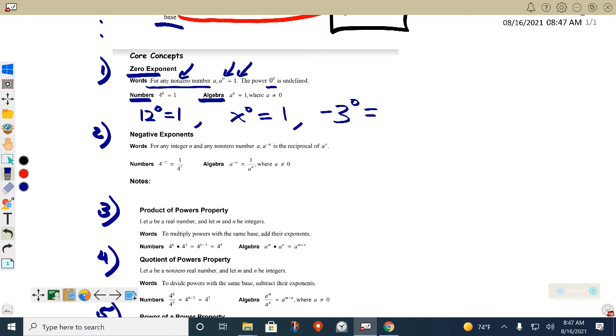It's not 0, right? So it is a non-zero number. In other words, any number that's not 0 is a non-zero number. I'm raising it to the 0 power. It's 1 also. That's all this rule is saying. Anything raised to the 0 power is going to be 1 except 0.